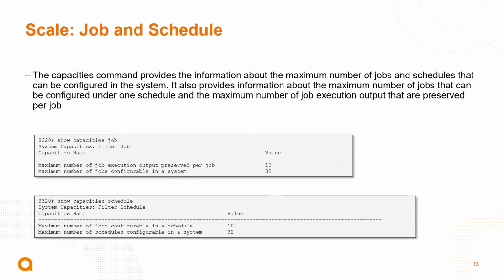That will tell you the latest. And 10 is the last one it can keep because of the memory. The maximum number of jobs you can configure on the 8320 is 32, and the same is true for the 6300. On the schedule side, you can configure 10 jobs per schedule, and you can create 32 schedules in a system.